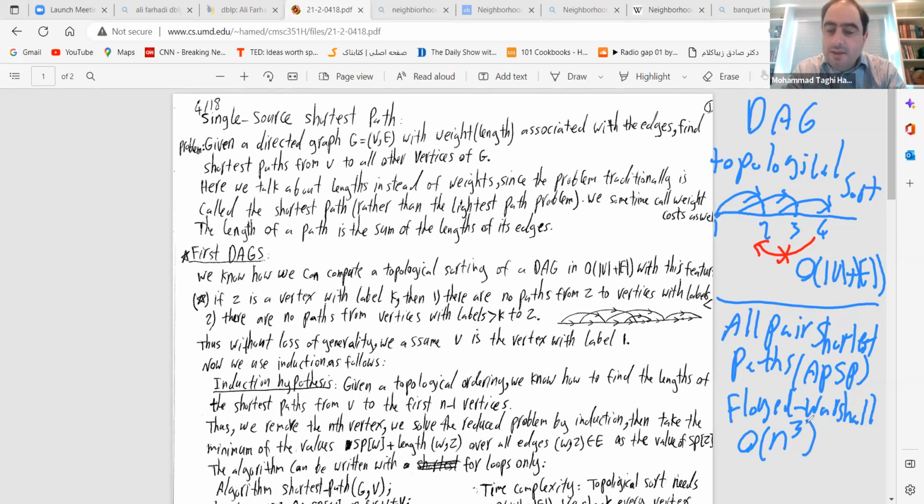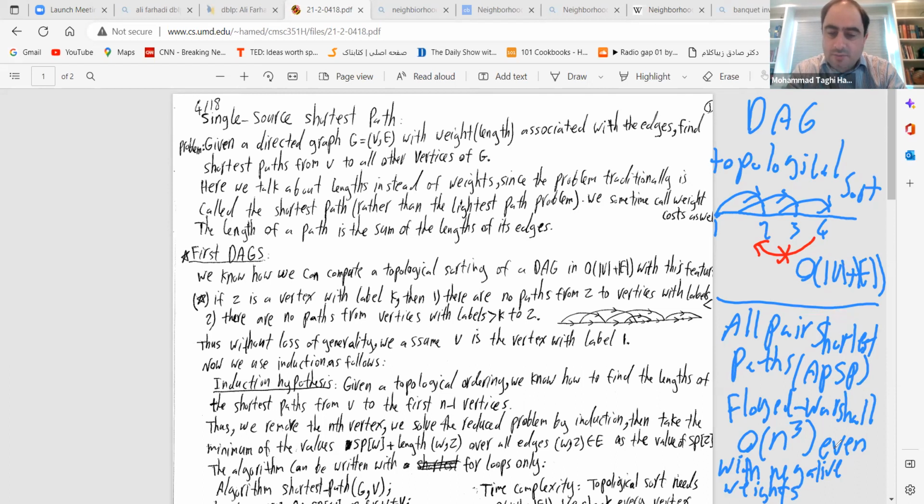I mentioned that getting anything better than n to the 3, like 3 minus epsilon for epsilon greater than 0, is a very important open problem. And actually, this one works even for negative weights. So you can have negative weights, as long as there is no negative cycle.